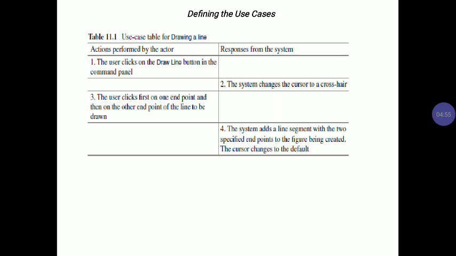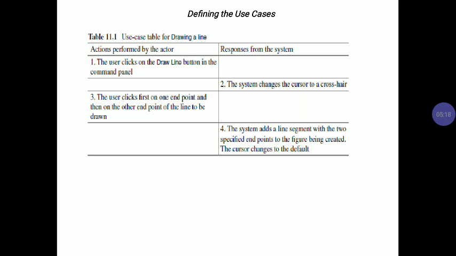For drawing a line, first, the user clicks on the draw line button in the command panel. For this event, the system changes the cursor to a crosshair.